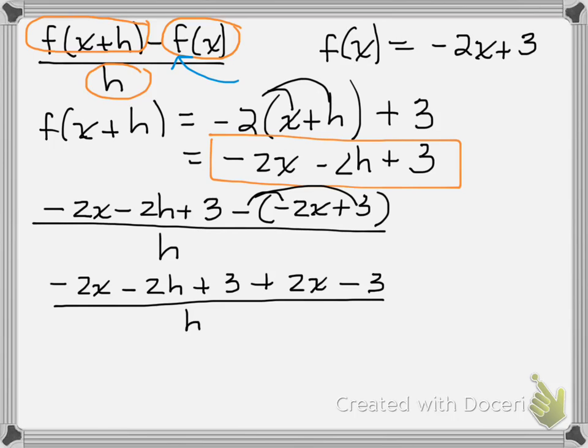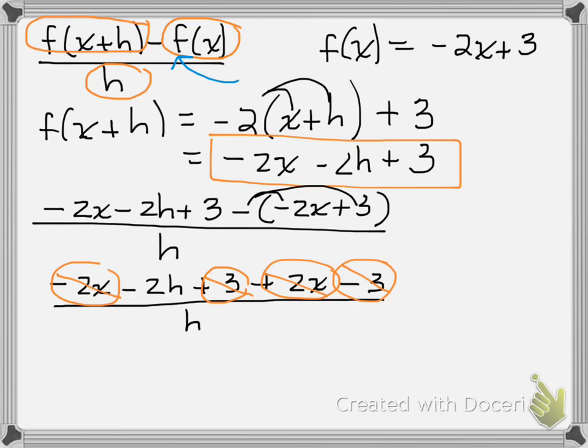And once again, we want to do some simplifying, see if we can simplify that expression on the top. And we definitely see we have some like terms that we can combine. We have a negative 2x and a positive 2x, and when you add those together, they go to 0. We have a plus 3 and a minus 3, and again, adding those together goes to 0.